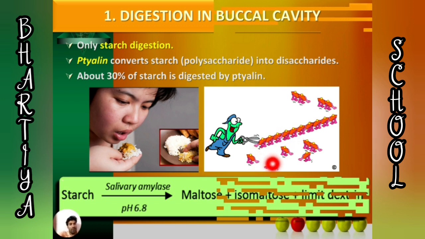Glucose plus glucose forms dimers called maltose, which are disaccharides, and they combine to form the polysaccharide, starch. Here we can clearly see that starch is digested by salivary amylase ptyalin into maltose, isomaltose and limit dextrin.